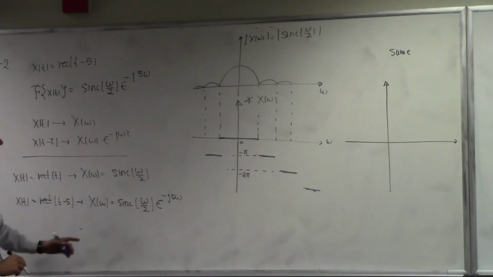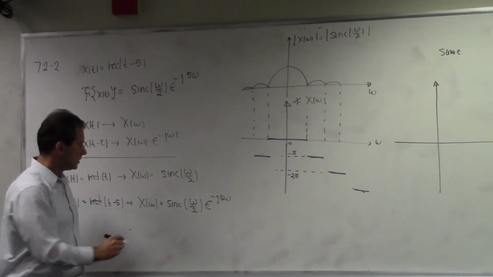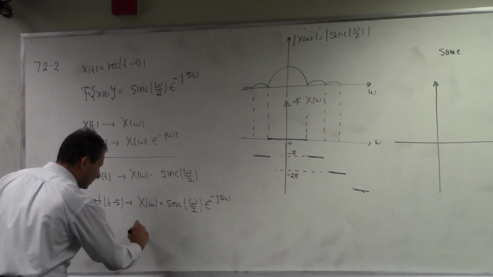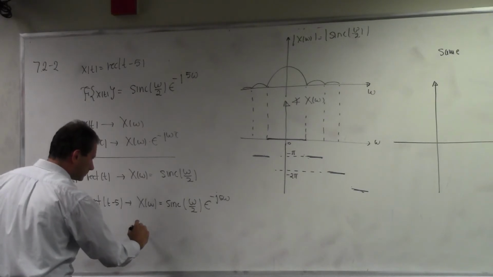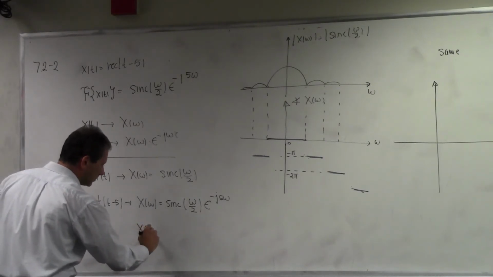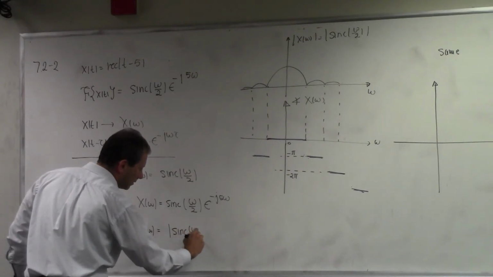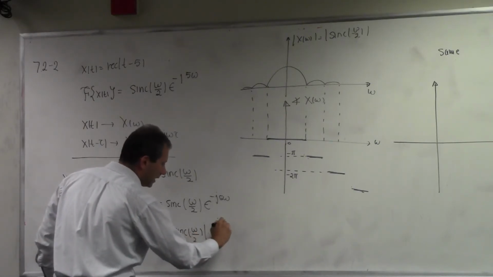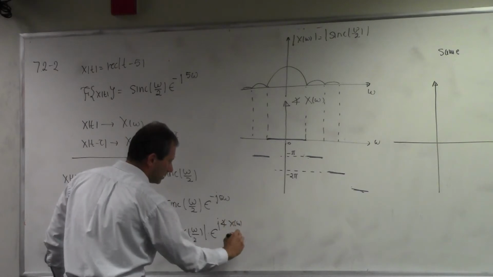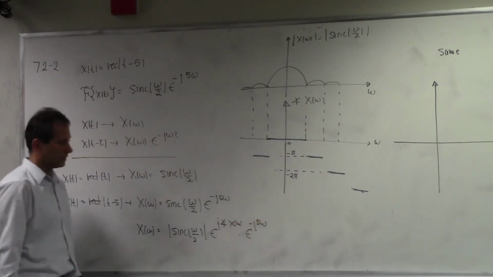If you look at the phase of this whole thing, I can say X of omega is equal to the magnitude of sinc of omega over 2 times e to the j angle of x of omega times e to the minus j phi omega. Right?